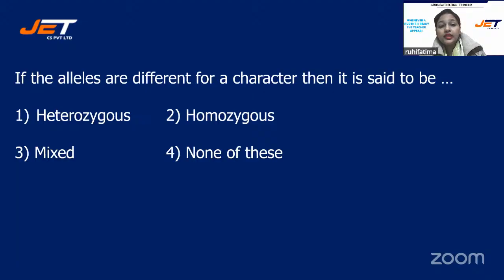If the alleles are different for a character, then it is said to be. Your options are number one, heterozygous. Option number two, homozygous. Option number three, mixed. Or is it option number four, none of these?